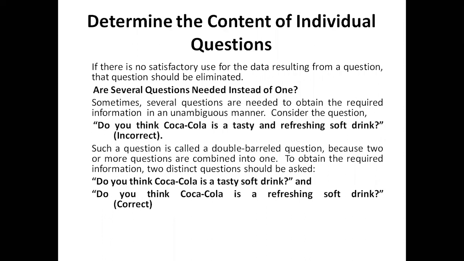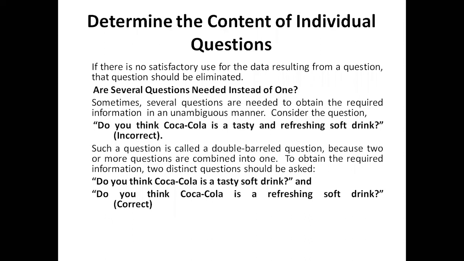Fine then. Are several questions needed instead of one? Sometimes several questions are needed to obtain the required information in an unambiguous manner. Some researchers club all the questions into one question and ask it to the respondents. Something like this: do you think Coca-Cola is a tasty and refreshing soft drink?